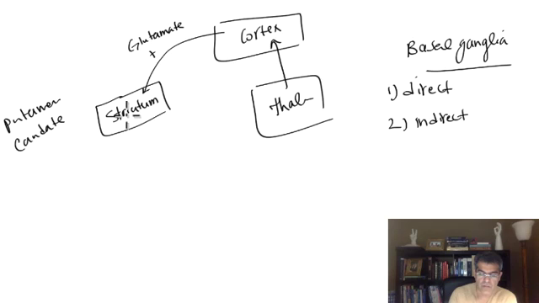The striatum naturally, normally, is going to send impulse to globus pallidus interna. You remember globus pallidus has two parts, externa and interna. Normally a striatum is going to send neuron to globus pallidus interna, and these neurons are GABAergic neurons.